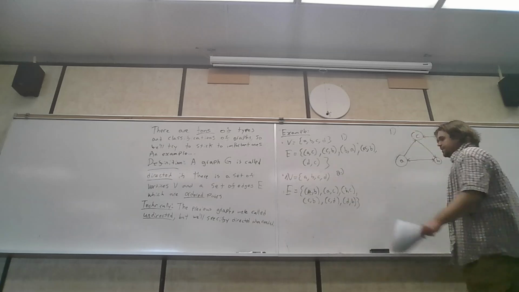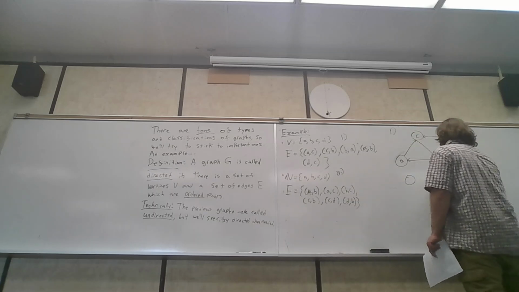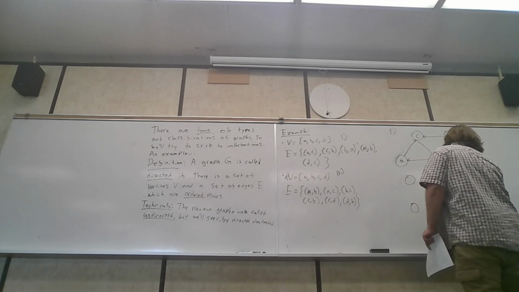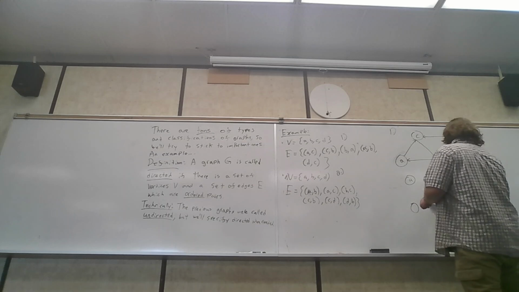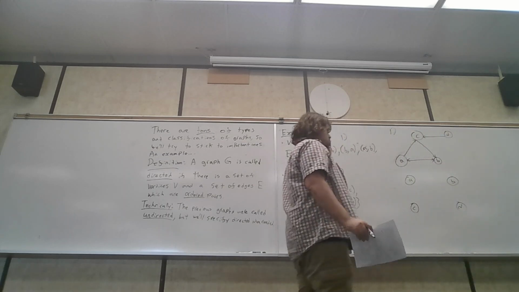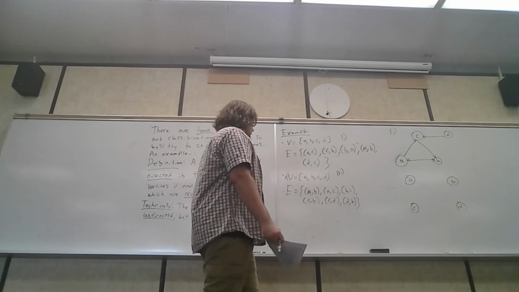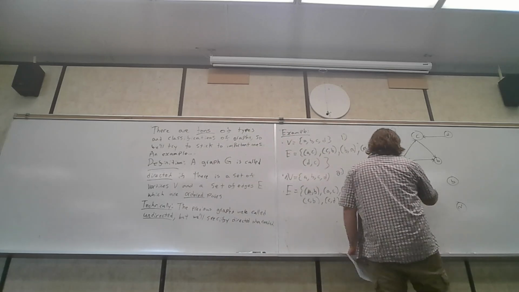Okay, how do we draw this? Same as always, right? We've got our vertices, A, B, C, and D. And I might end up with some crisscrossing here because I'm drawing it differently than in my notes. So this is saying go from A to B, but make sure we pay attention to the direction.